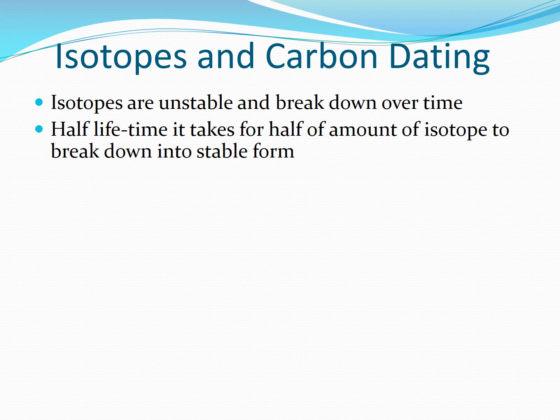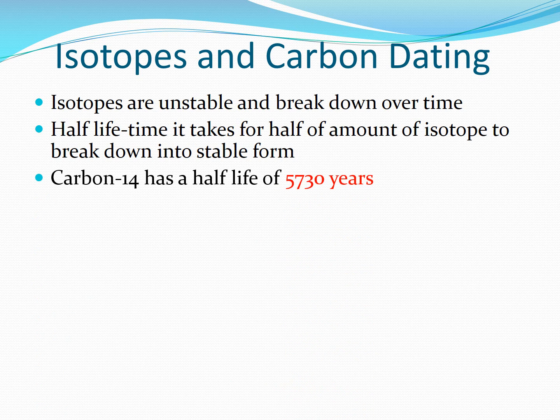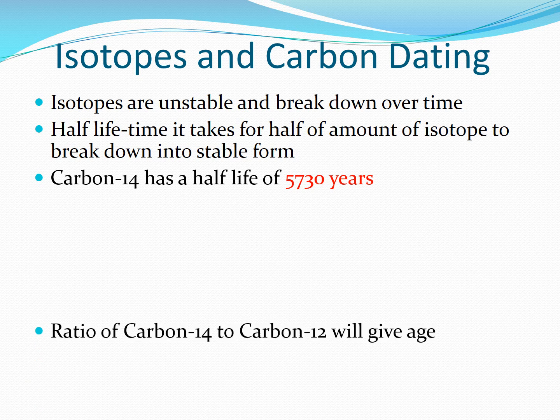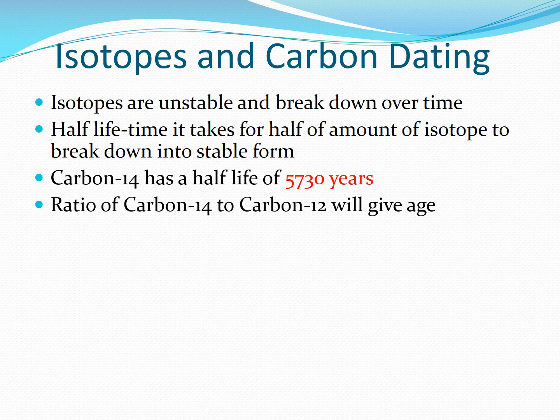You've heard of isotopes before because we use these in medicine a lot, but we also use them because carbon-14 has an unbalanced neutron, and it takes 5,730 years for half of that extra neutron to disappear. So the ratio of carbon-14 to carbon-12, because there's so little of that carbon-14 around, but we still take a ratio of those two, will give us the age of an item.